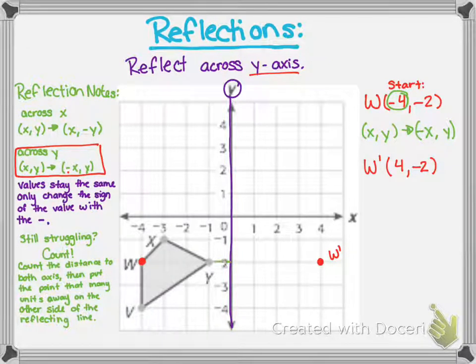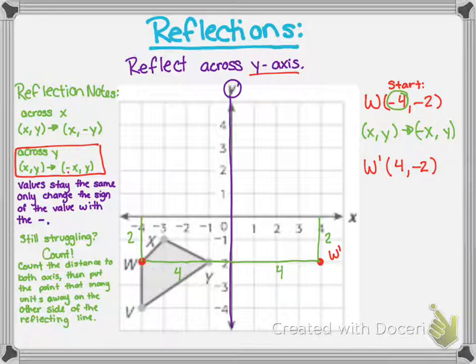So I'm going to count how far away it is. 1, 2, 3, 4. It is 4 away from the y-axis. So right where it is on the other side, I'm going to put 4 away, and that again gives me my new point. And just to double check, it is also 2 away from the x-axis, and this one is 2 away from the x-axis. It's going to be in the same position.